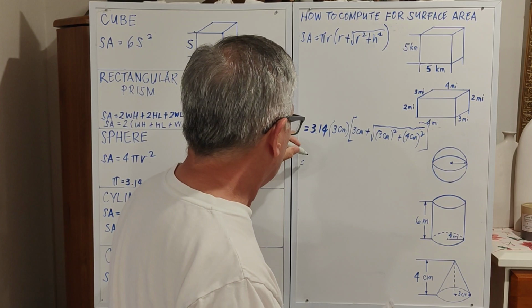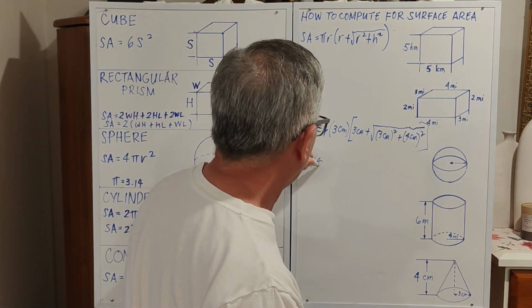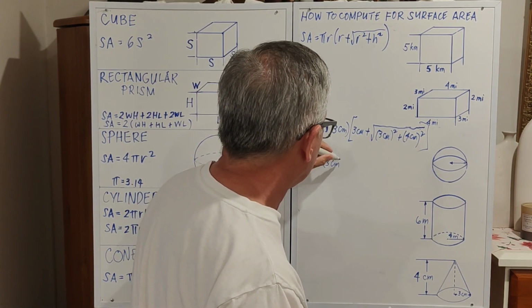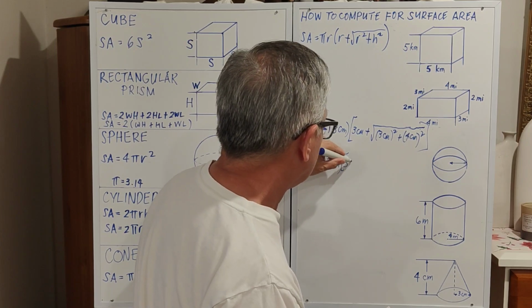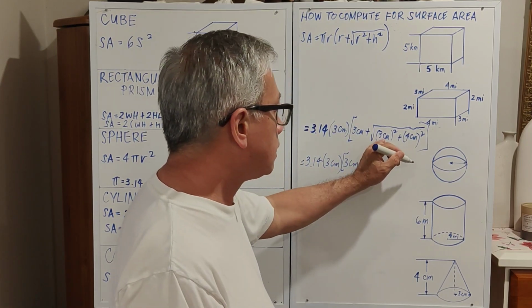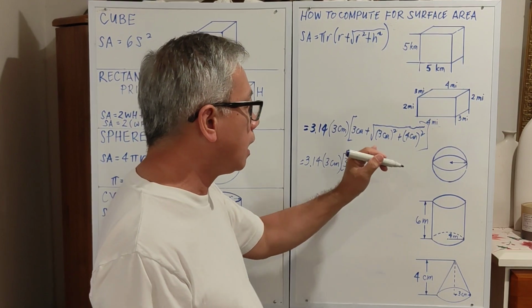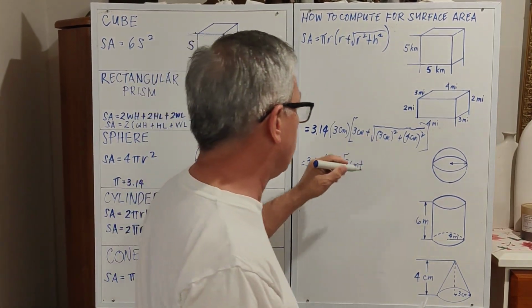Now just copy this one. 3.14 times 3 centimeters, 3 centimeters plus 3 centimeters times 3 centimeters is 9 centimeters squared.